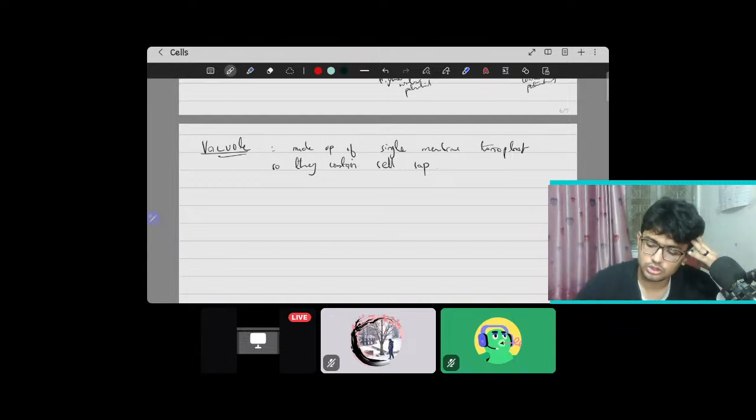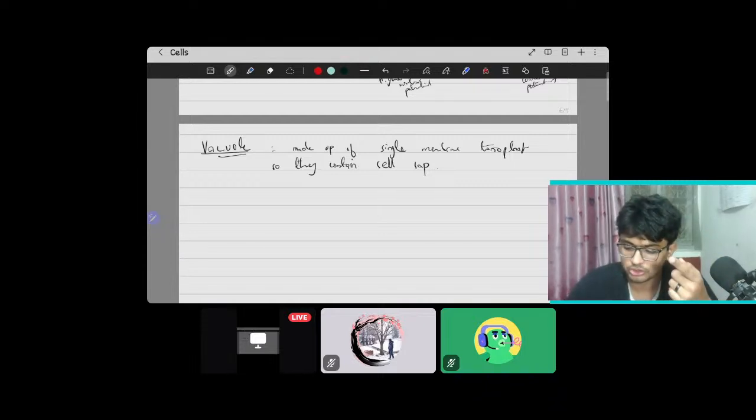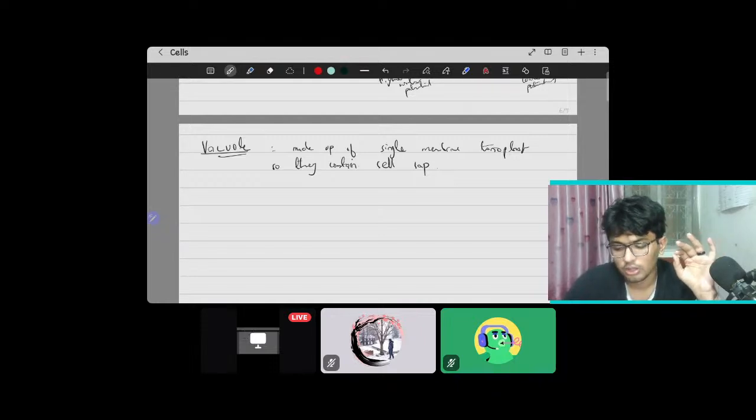Now, what does the cell sap contain? Cell sap is a concentrated solution of minerals, salts, sugars, organic acids, oxygen, carbon dioxide, pigments, some waste, and secondary products of metabolism. It's like a storeroom. It is a concentrated solution of mineral salts, which help in muscle contraction too.